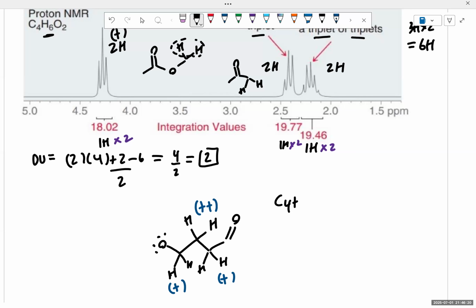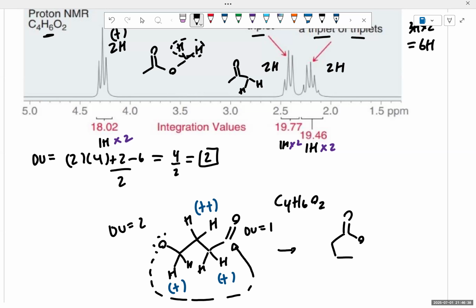We already used up all of our atoms, but this is not a valid structure. Because we have a DU of 2, and this structure only has a DU of 1, let's make a ring now, and let's in turn get it so that our DU value matches the calculated DU value.